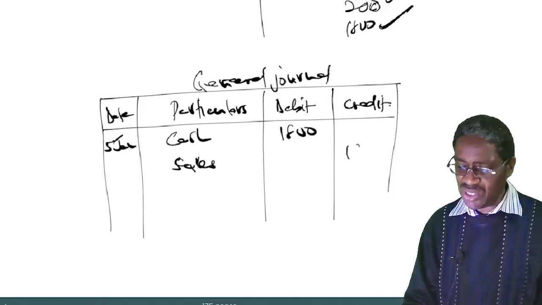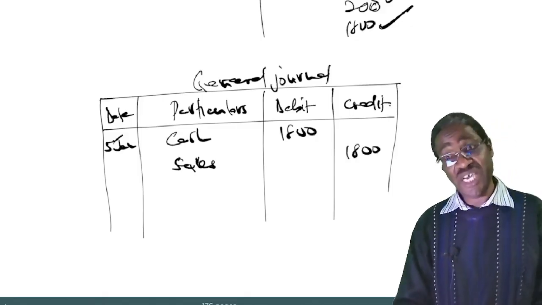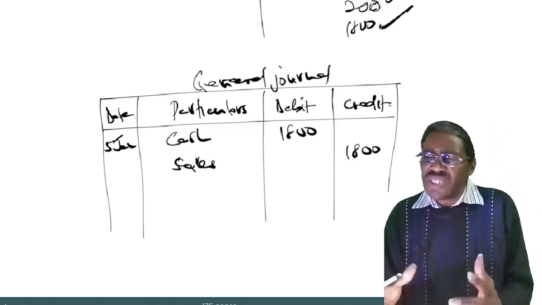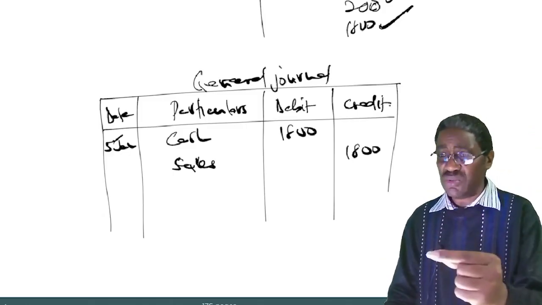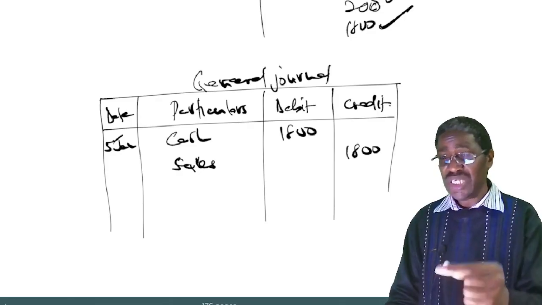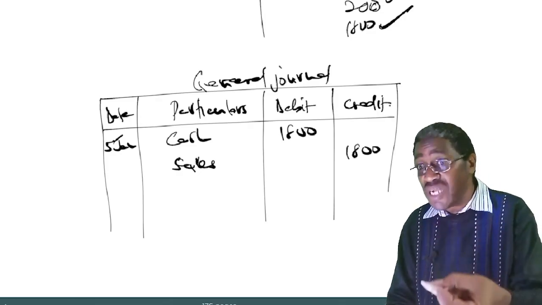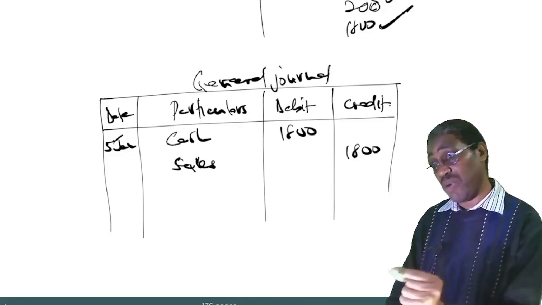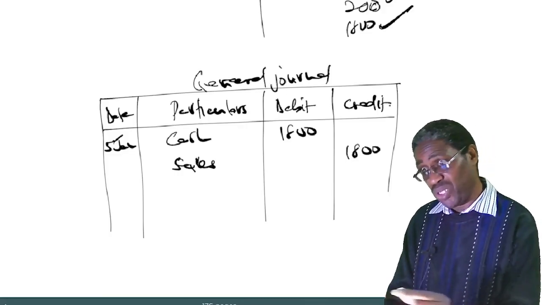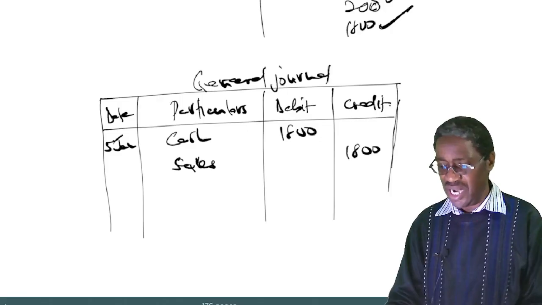And the amount to be credited is 1,800. So you are saying, to correct that error, you are going to debit cash by 1,800 and credit sales by 1,800. Are you following?